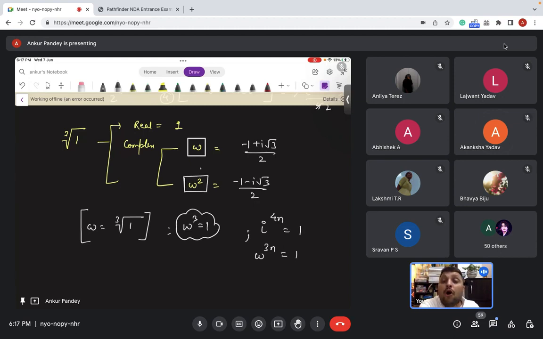So, if you observe it carefully, omega is nothing but cube root of 1. If you cube on both sides, you will get this expression, which implies that omega to the power any multiple of 3 will give you 1. Understood?